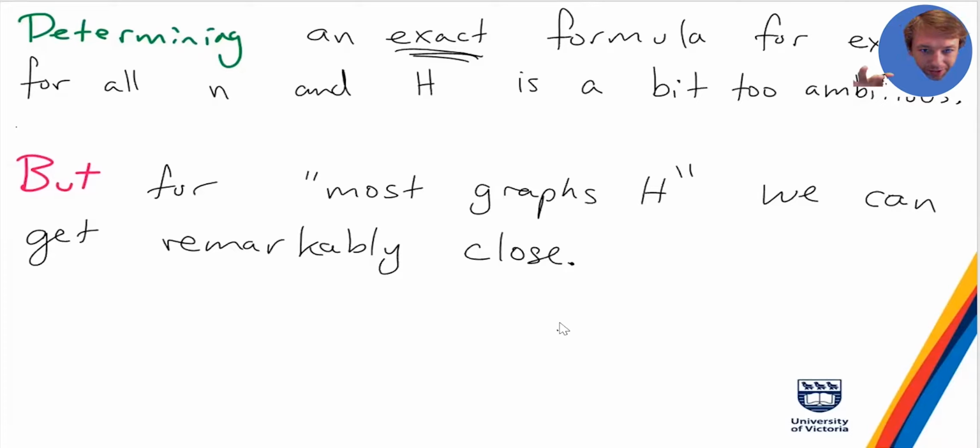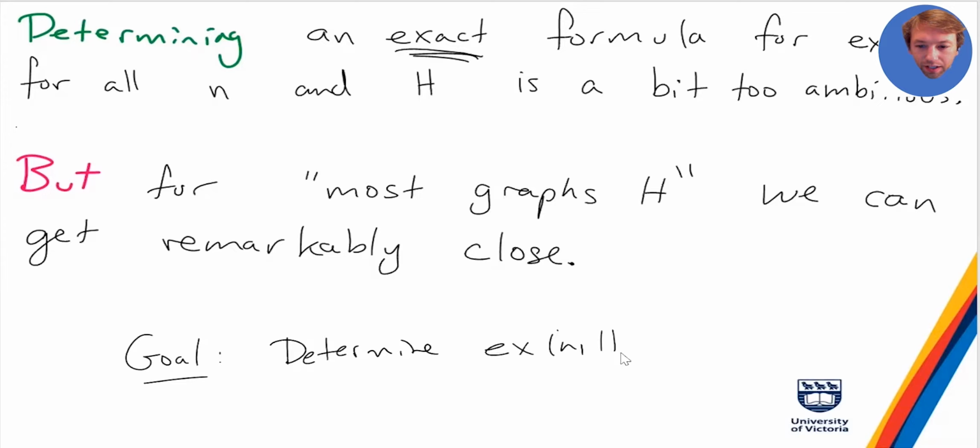So our goal is to determine Ex(n, H) asymptotically, and we're going to be able to do this as long as H is not bipartite. But we'll see the issue with bipartite graphs in a second.